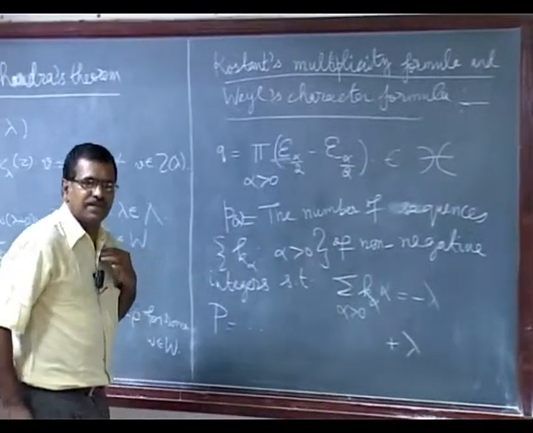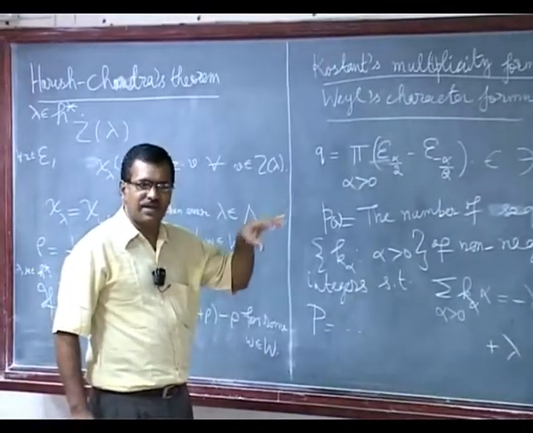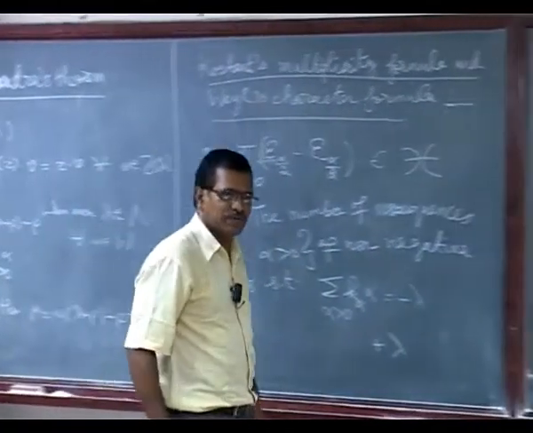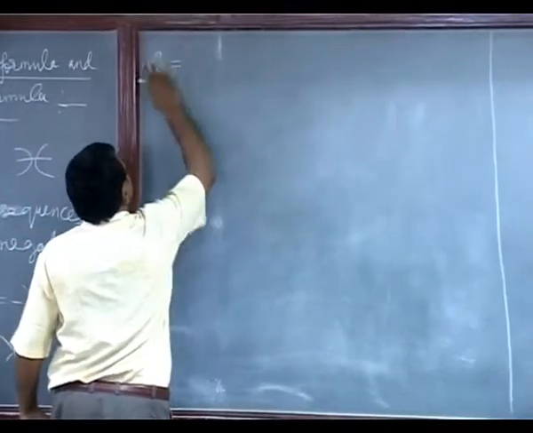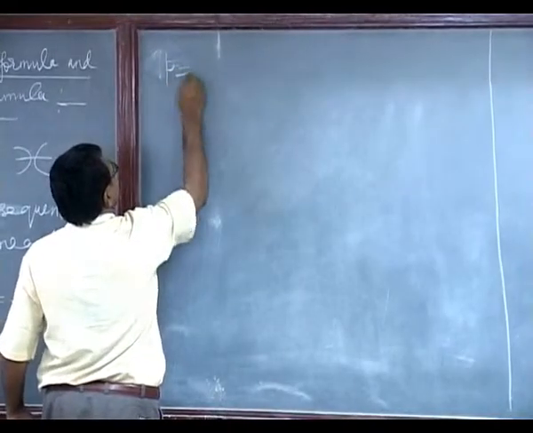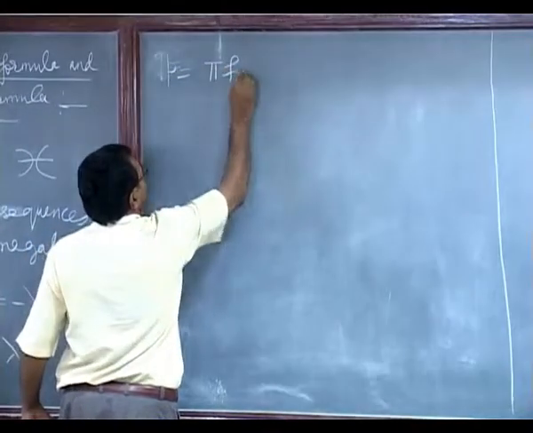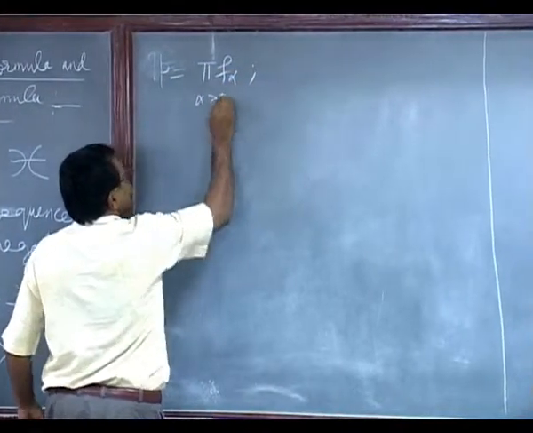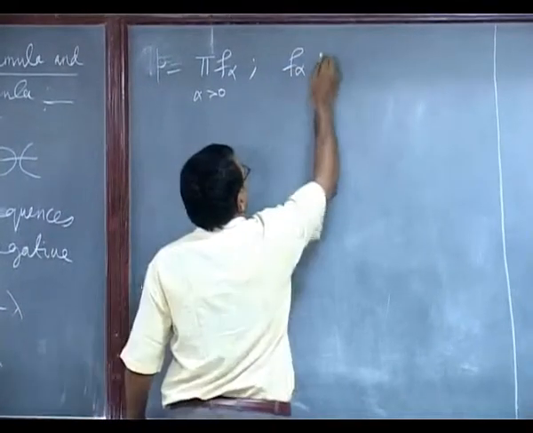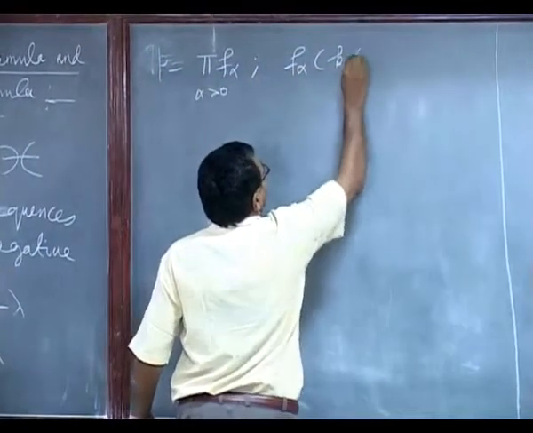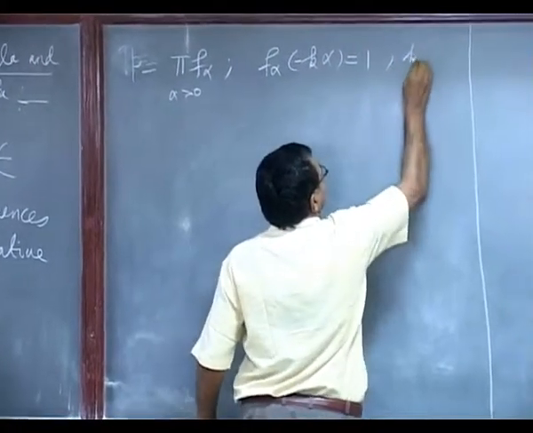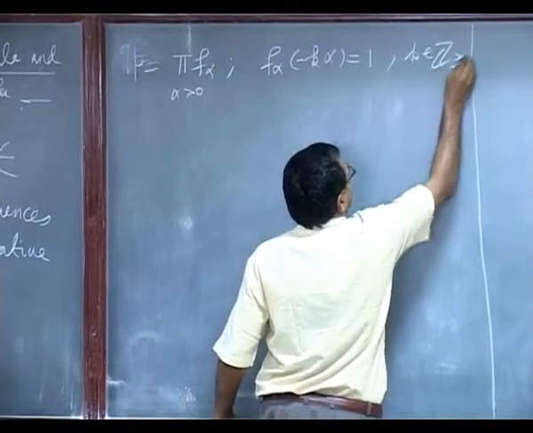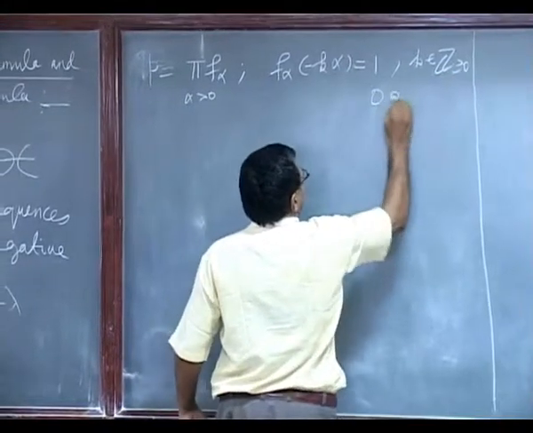Is it comfortable that I can simply carry on, or should I recall all of them? It is not too much time. So, P is equal to the product of f alpha, where f alpha on k alpha is 1 whenever k is a non-negative integer and 0 otherwise.